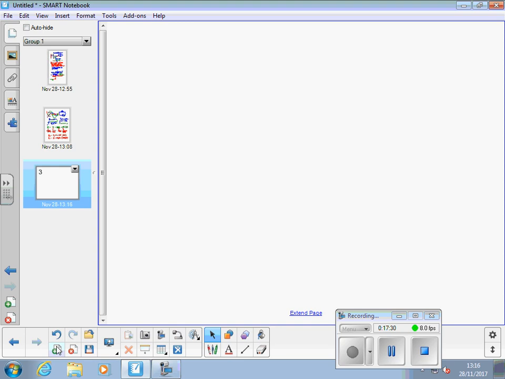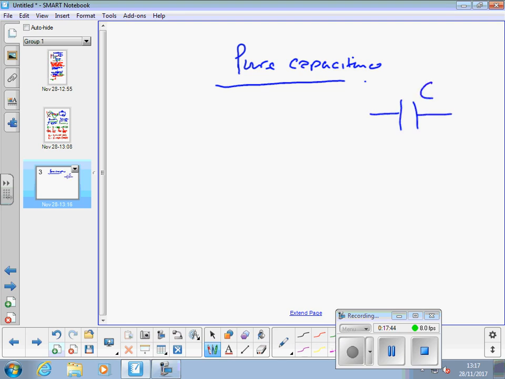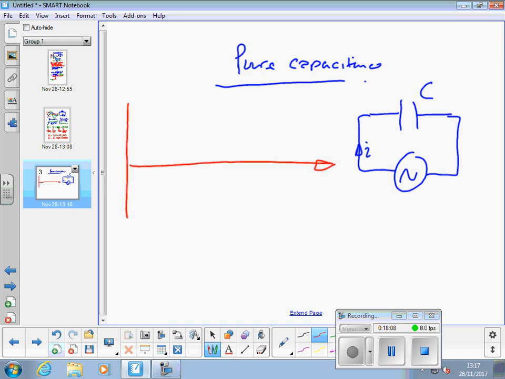So moving on again, pure capacitance. If we have a circuit with capacitance C only, AC sine wave applied, current flowing, we would end up with a sine wave graph, something like this.